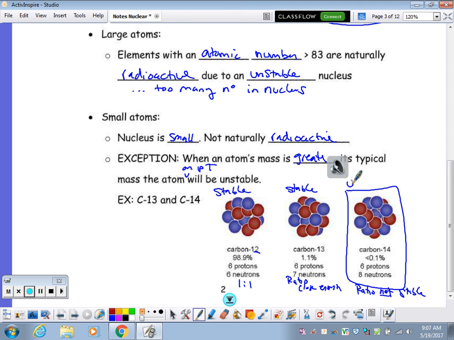This is an unstable isotope. It is radioactive. And you should remember from earth science days that the carbon-14 isotope is used for radioactive carbon dating. So this is used to date fossils.